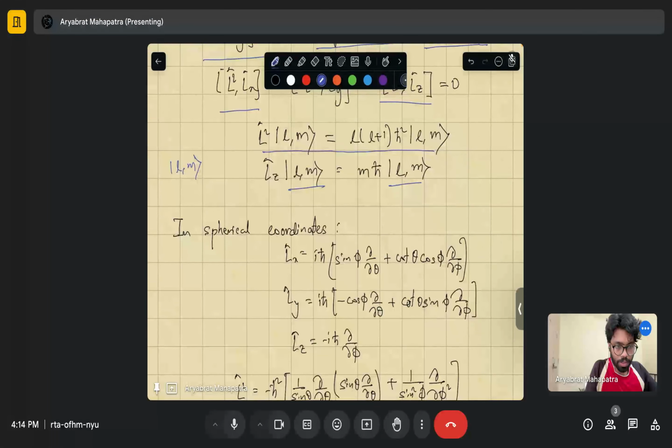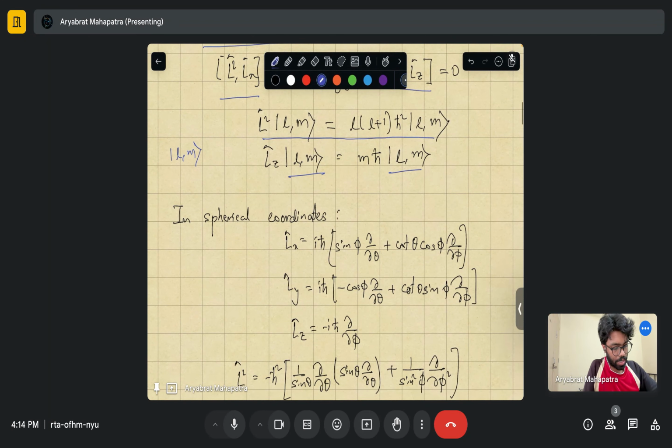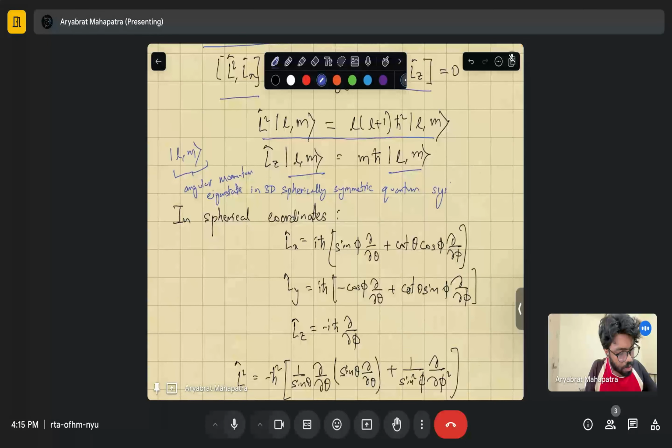So for a spherically symmetric three-dimensional quantum system, we can always express the angular momentum eigenstates by this.